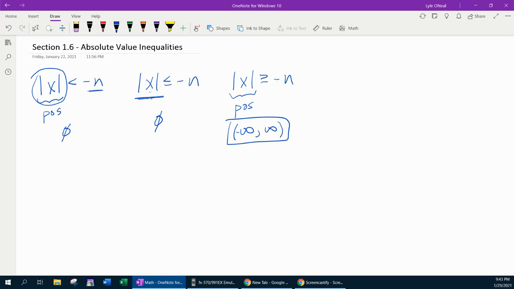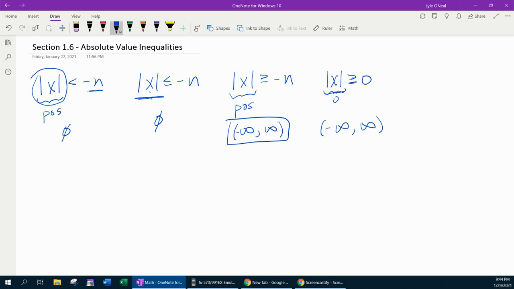Okay? Similar to that would be if you have the absolute value of x greater than or equal to zero. Again, this would be all real numbers, infinite solutions, because remember the smallest that this absolute value can be is zero.